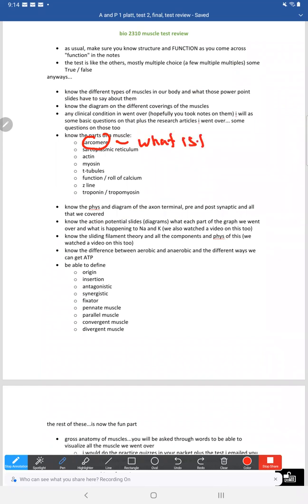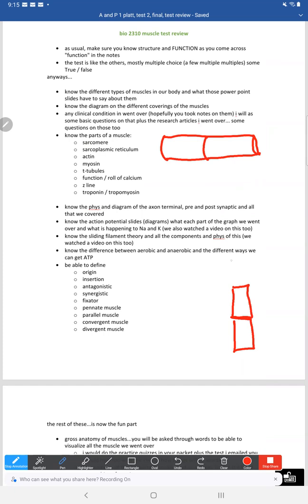What is the function? Okay, so what does a sarcomere do? Well, on a muscle fiber, right, a sarcomere is broken down into a bunch of sections, and if I remember correctly, I described them as stacking up Coke cans, right?